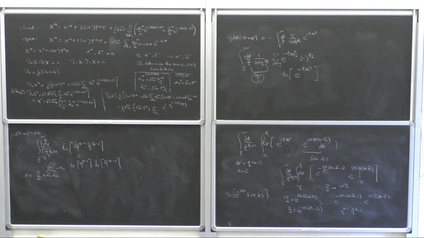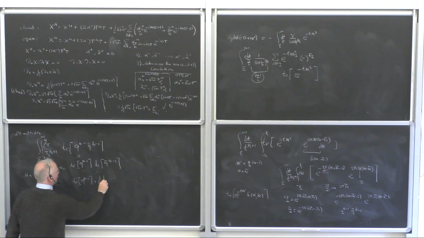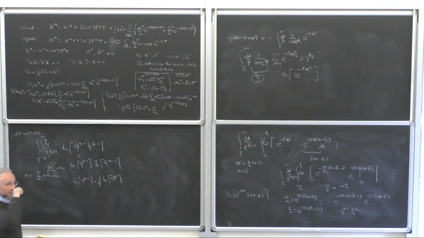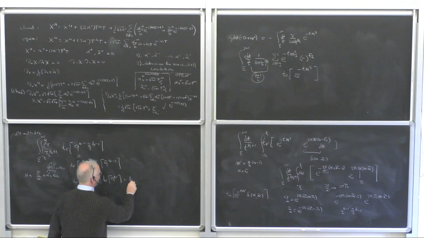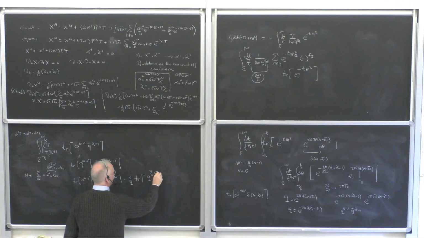So suppose I want to compute the trace of q to the n minus 1. The q to the minus 1 goes outside, so this is 1 over q times the trace of q to the n. What is this thing? It's something that you learned at school in quantum mechanics, because it's the trace of q to the sum over k of a dagger k, ak times k.